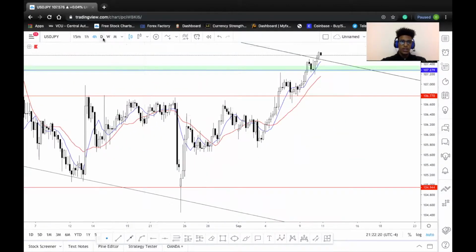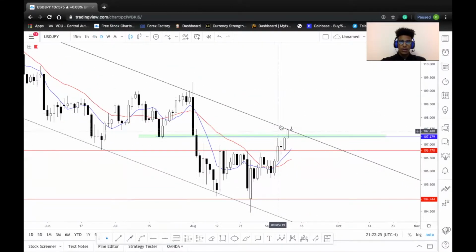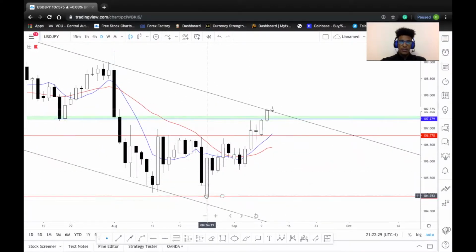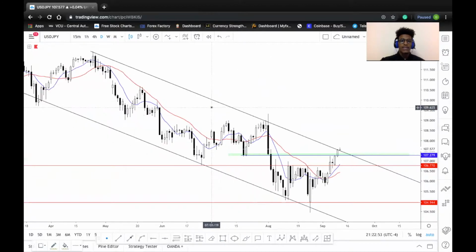USD/JPY, we're looking for some selling positions. We can see we are looking a little bullish, just reading the candlesticks from this strong rejection. We had some follow through, and we're currently testing our trend line right now. Just because it's above it doesn't mean it's time to buy. We still have to wait for some confirmation. A strong engulfing would be nice to entice us to get in, or it could reject. Keep in mind it's testing this trend line.